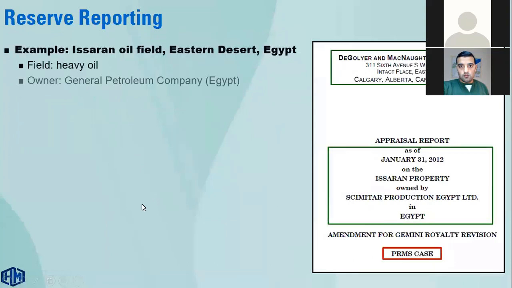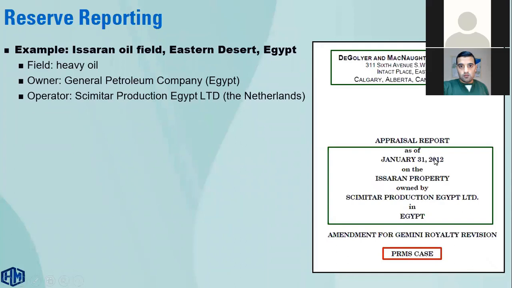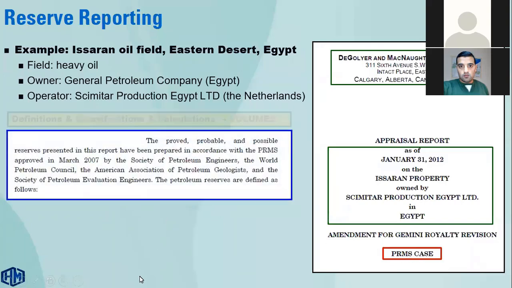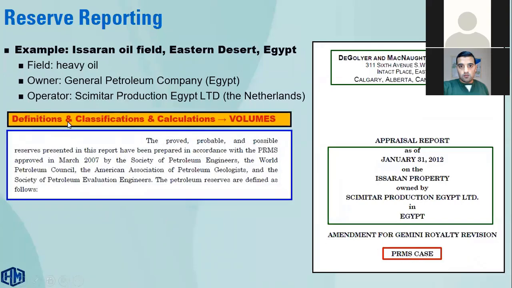This is a field sample of reserve reporting. As you can see, it's a reserve report as of January 31, 2012, for Aswan concession in Egypt. As you can see in this report, we have PRMS cases. Inside this report, you will find different definitions, classifications, and calculations of reserve.